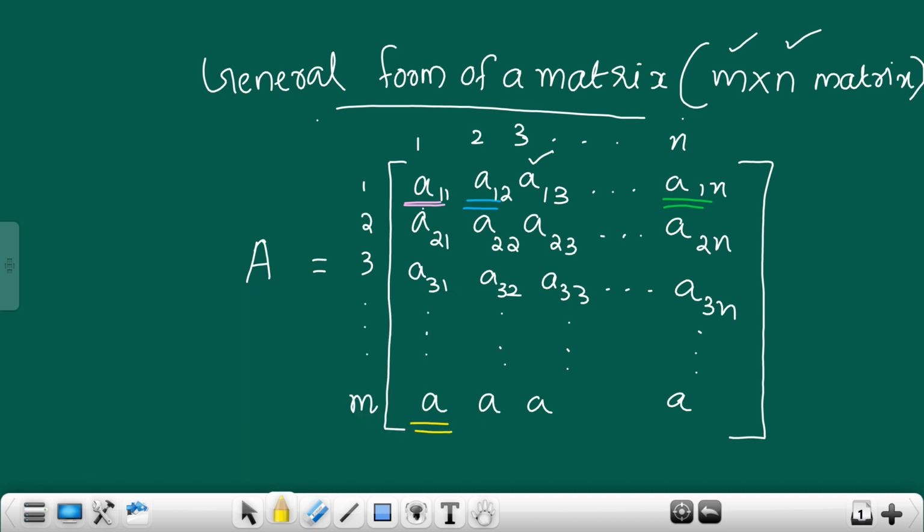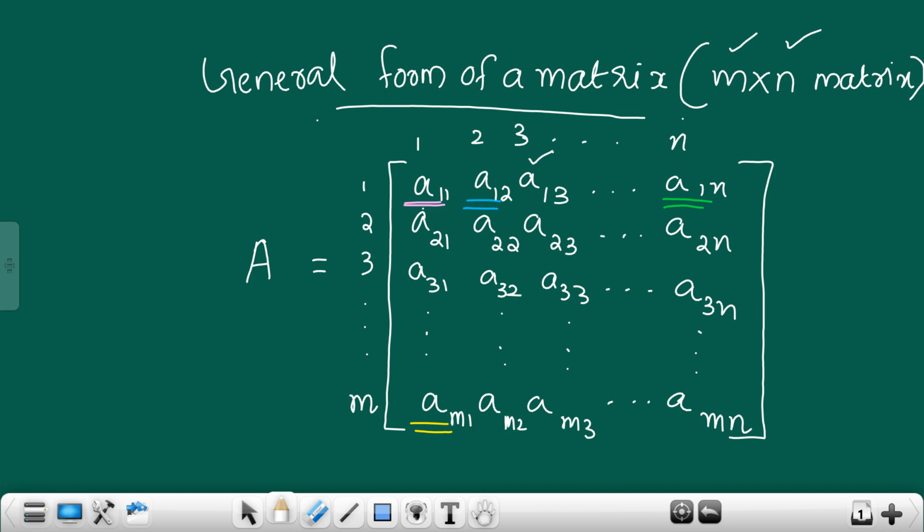This element we can write as a, mth row and the first column. So we can write am1, second element as am2, third element am3, and this last element in the mth row and nth column. So we can write amn.